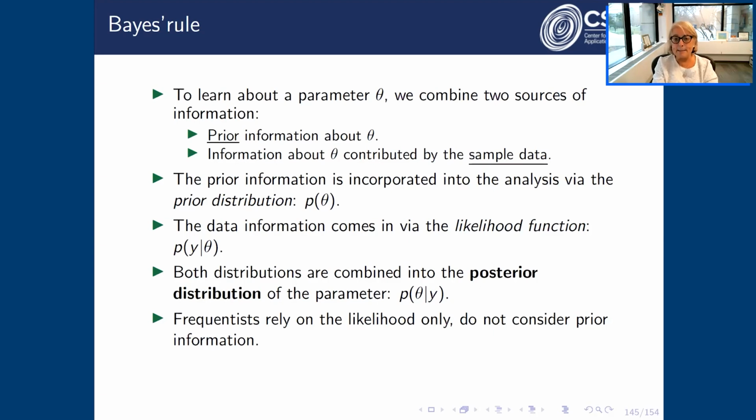And he said, well, what we should do is use all the information that's available about theta. In addition to the information that is contributed by data, there might be some prior information we have about theta.